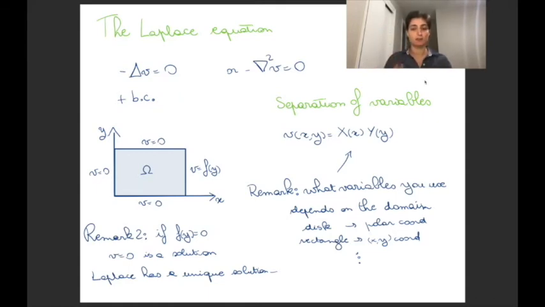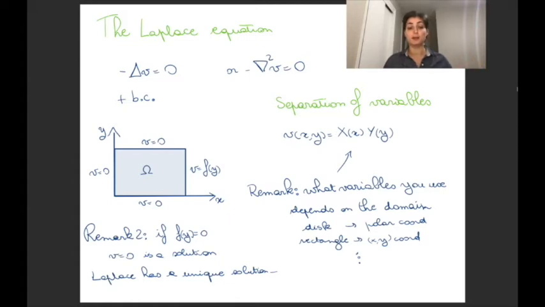Remark, we have already used this separation of variables, and depending on the domain that you use, different coordinates might be useful. So for example, we saw that when we're doing the disk, separation of variables can be used in polar coordinates. Here we have a rectangle, and xy coordinates seem to work very well. But different domains will trigger different variables to separate.